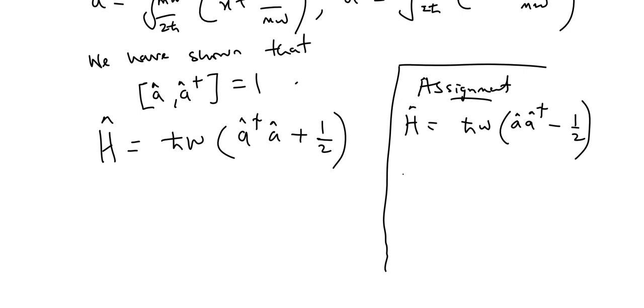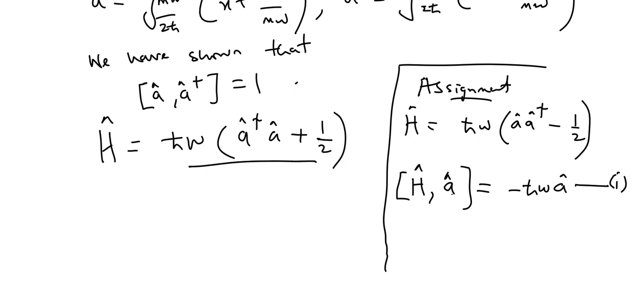Then the commutator of the Hamiltonian operator against the lowering operator can be written as minus h bar omega a. So you should take note of this. You should prove this. I think I taught you the commutator bracket in our last class as well. So we can write the commutator of the Hamiltonian operator, in this form, against the lowering operator a, and the solution would be minus h bar omega a.